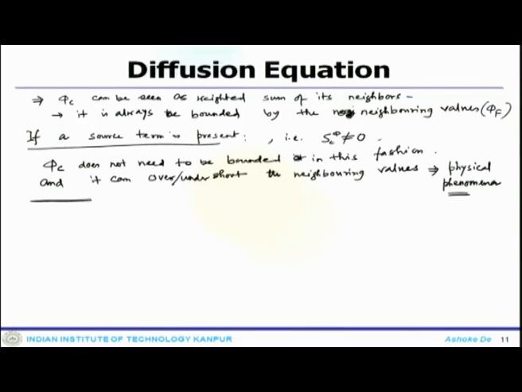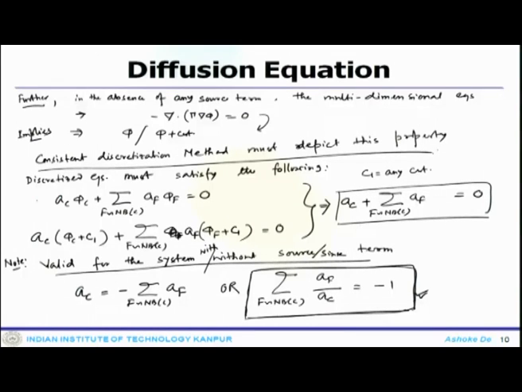Now, at the same time, if someone uses a higher order profile, then one has to be careful whether the system has any source or sink term. If the system does not have any source or sink term, then the higher order assumption can overshoot the values at the faces, which is unphysical, as we have seen, and the values should satisfy this kind of criteria.